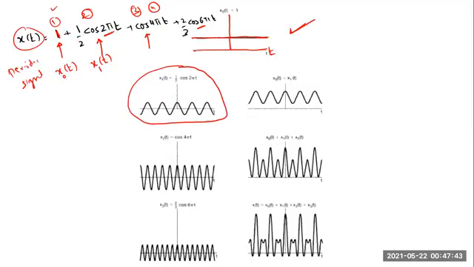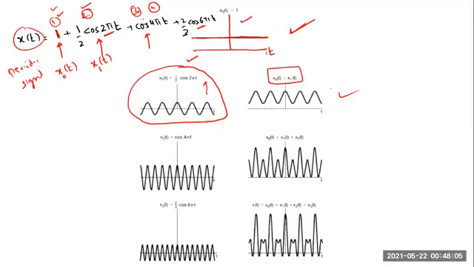And now if you add the first two components, this thing and this thing, you will get this signal. You can see that this signal is the summation of x0 plus x1 of t. When you add this constant level signal to this signal, you can see that the signal has shifted up and you get this signal.